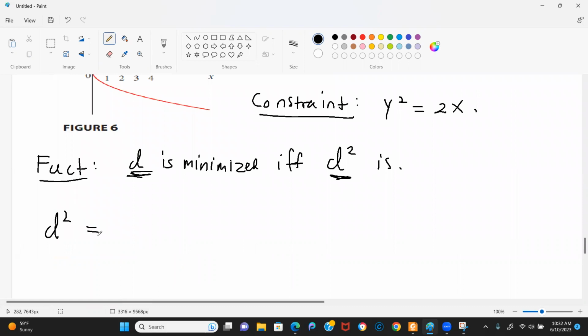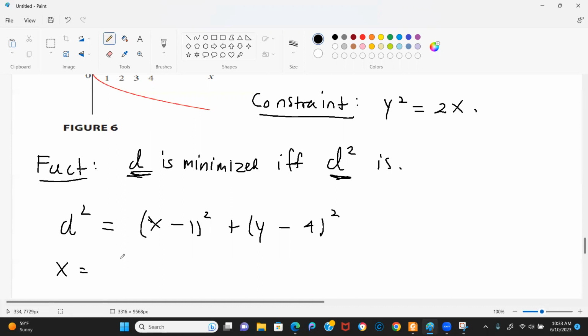So d squared. What we'll do is we'll just use a different name now. First of all, d squared is going to be equal to (x minus 1) squared plus (y minus 4) squared. And we know that x is equal to y squared over 2.